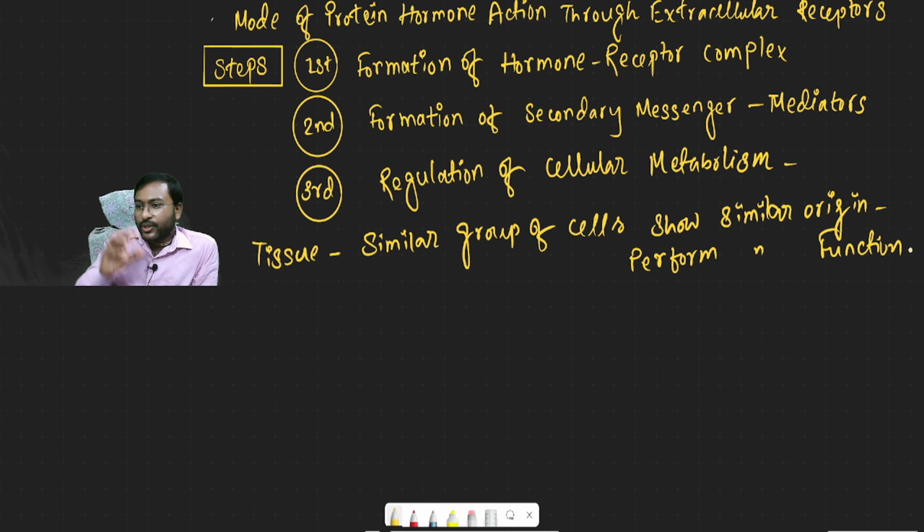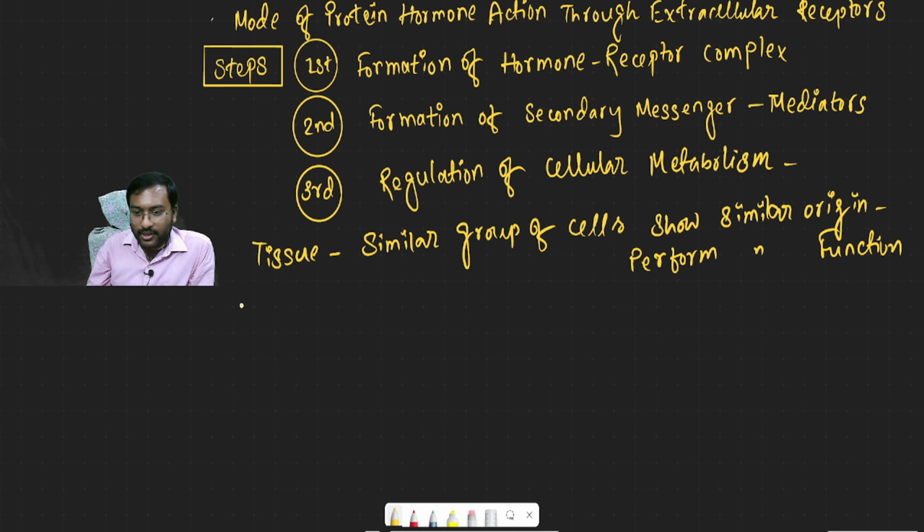Okay. So each hormone has its own receptor, and the number of receptors for each hormone will vary.